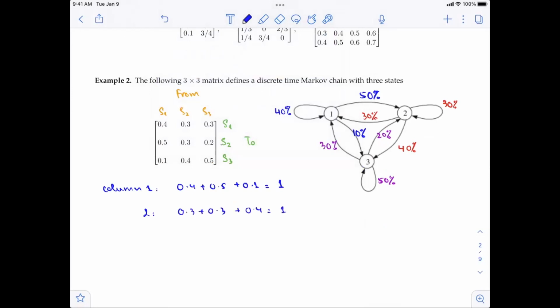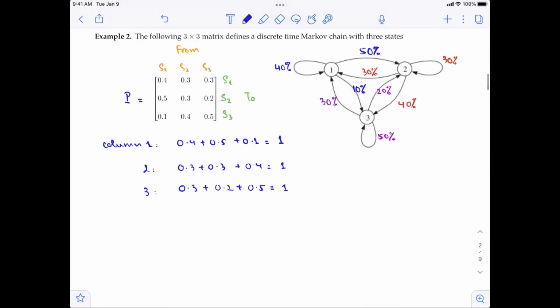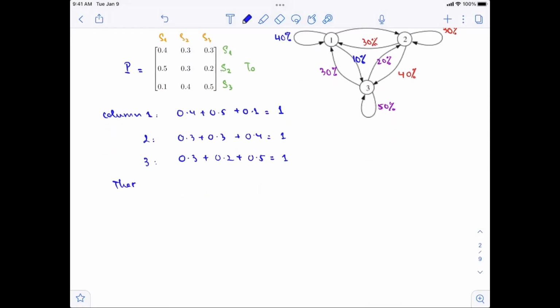This is equal to 1 as well. And in column 3, you have 0.3 plus 0.2 plus 0.5 is equal to 1 as well. And therefore, you let this equal to the matrix P. Therefore, P is a stochastic matrix.